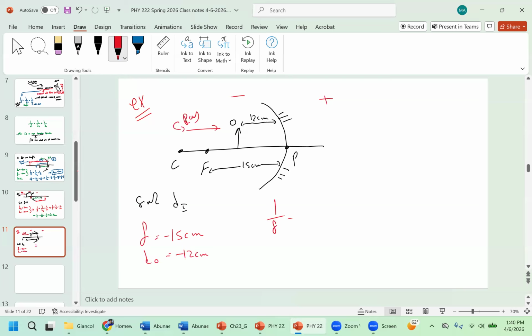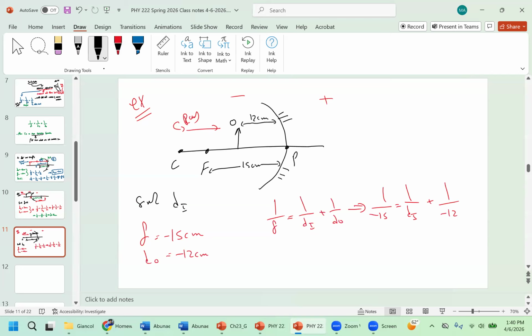So that means 1 over F equals 1 over D of I plus 1 over D of O. Which means 1 over minus 15 is going to equal 1 over the distance of the image that we're looking for, plus 1 over minus 12, the distance of the object.